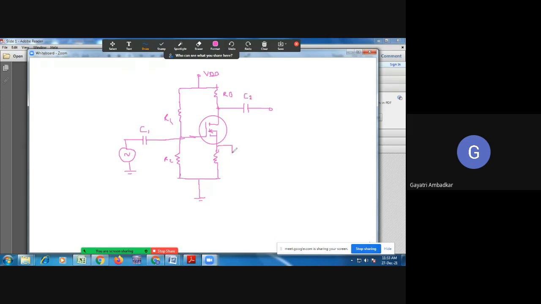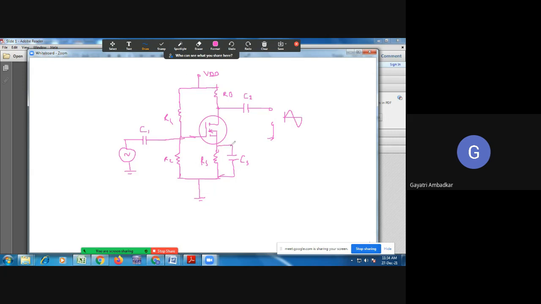And if you remember, we have connected here a bypass capacitor CS. So this bypass capacitor bypasses the AC signal and does not make that AC signal drop across RS, and therefore it increases the output voltage, it increases the gain, right? So this was your amplifier.